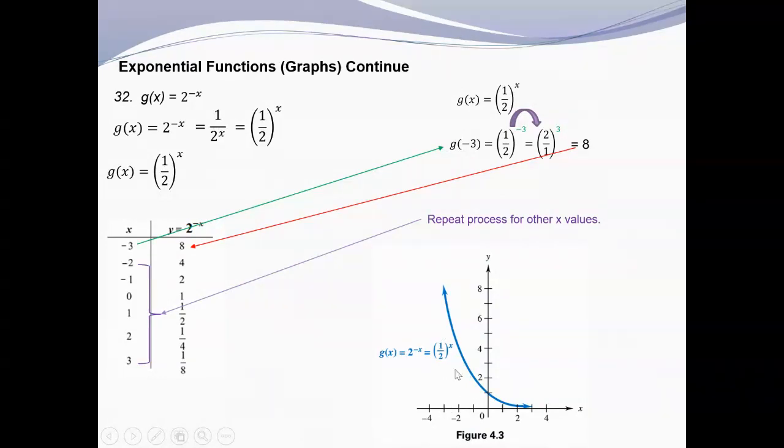So anyway, this is the graph here for the decay. The one that starts low and goes up is the growth, and the one that starts high and goes down is decay. So anyway, this is how you graph these types of functions.